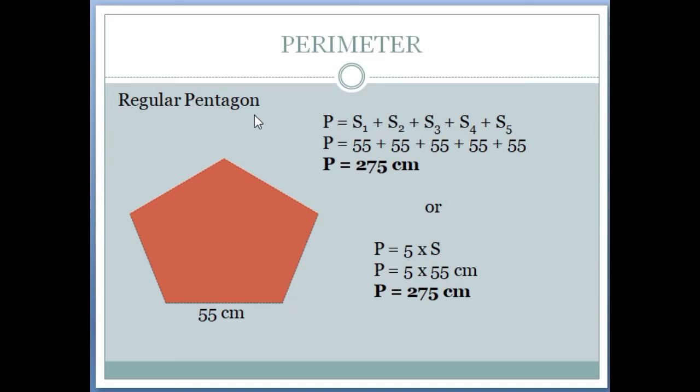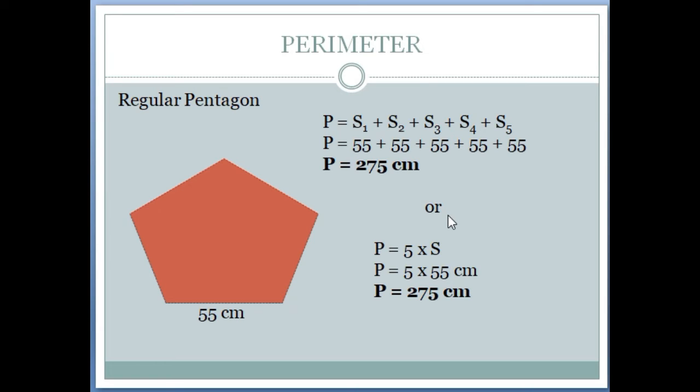Then, same pa rin yung gagawin natin. Substitute nyo lang yung value ng bawat side. Ngayon, since regular pentagon to, pare-parehas ang measurement ng bawat side niyan. So, 55 plus 55 plus 55 plus 55 plus 55, you'll get 275 centimeters.